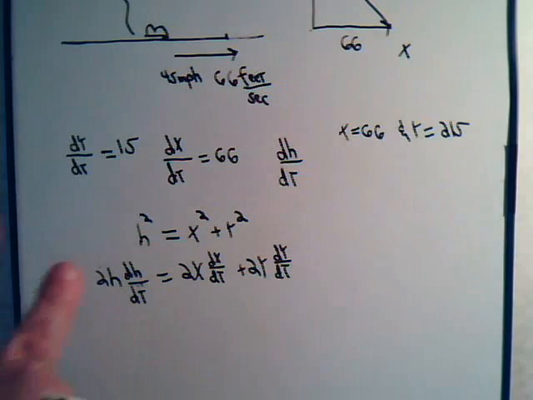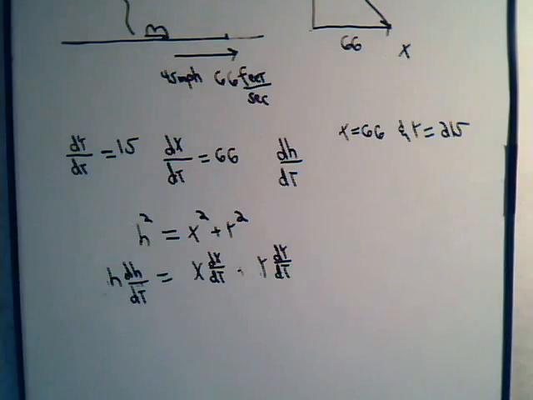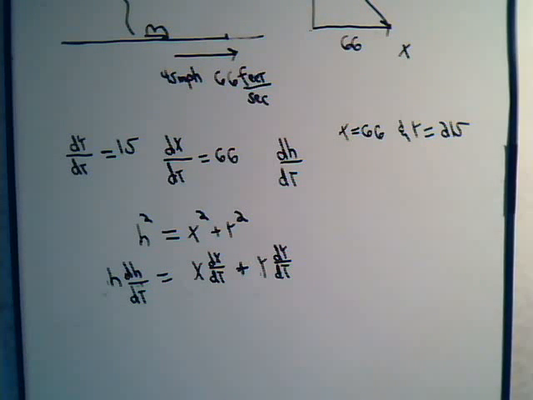Now it looks like these 2's are going to cancel, so we'll get rid of those. We know what dx/dt is, we know what dy/dt is. We'll want to solve for h when x equals 66 and y equals 215. So we can solve for h using this. Now we can solve for dh/dt. That's the only unknown there, and that's what we're asked to solve for.